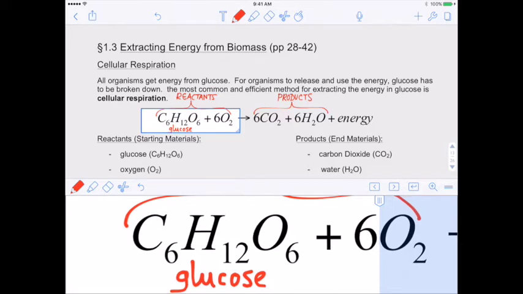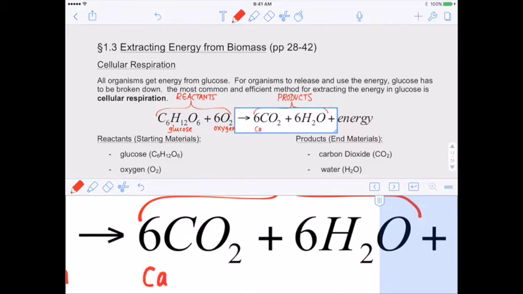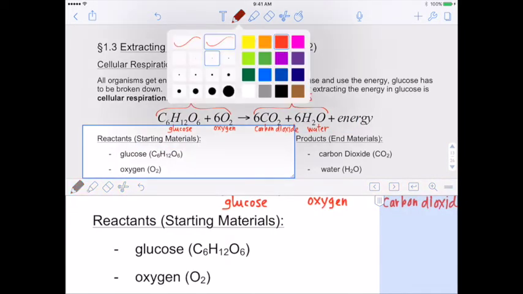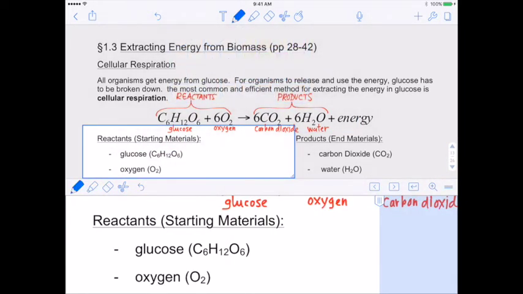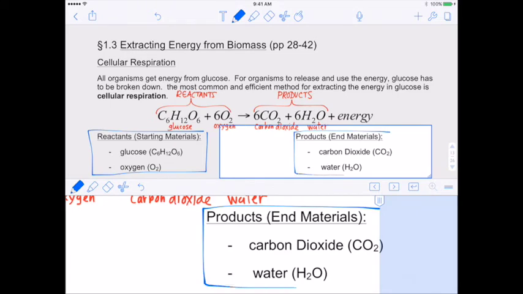And we know that O2 is the formula for oxygen. CO2 stands for carbon dioxide, and H2O stands for water. We have a table below that summarizes the reactants, the starting materials, and the products for cellular respiration.